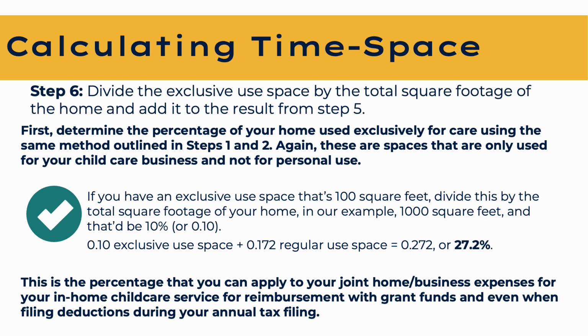0.10 exclusive use space plus 0.172 regular use space equals 0.272 or 27.2%. This is the percentage that you can apply to your shared home and business expenses for your in-home childcare service when claiming business use of home at tax time or for grants.